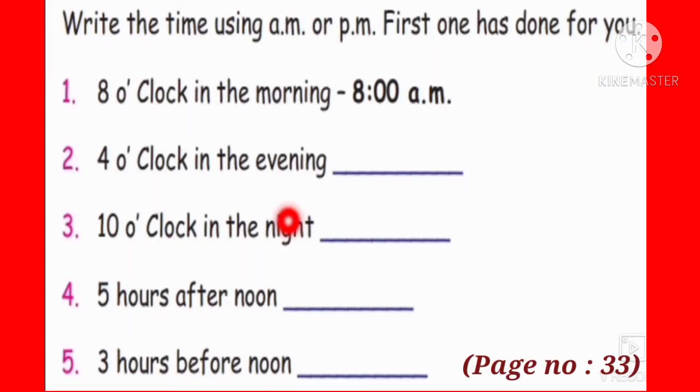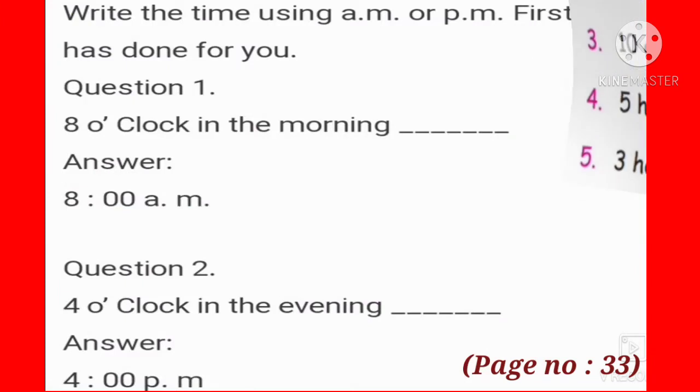Now children, let us see some problems from your textbook, page number 33. Write the time using AM or PM. The first question is 8 o'clock in the morning. The word morning represents AM. So the answer is 8:00 AM.